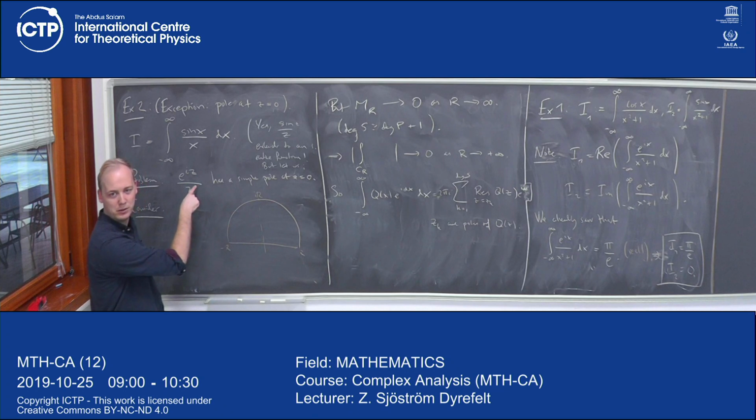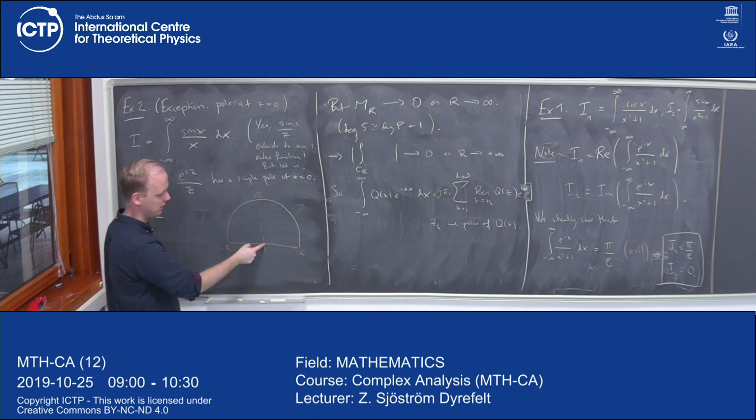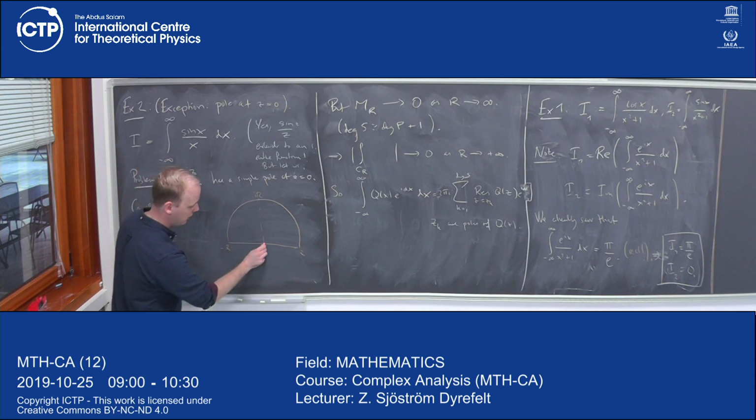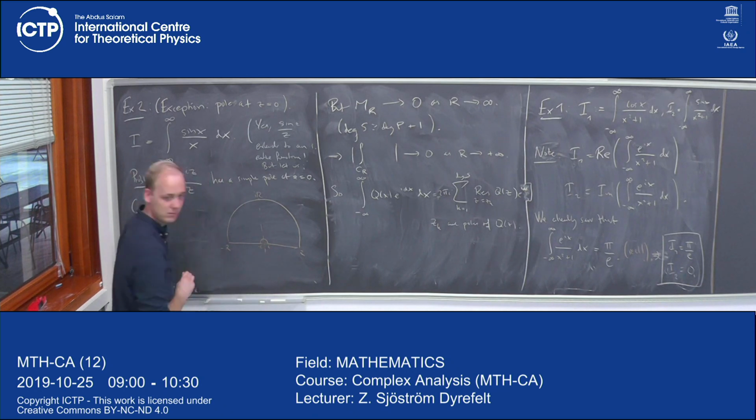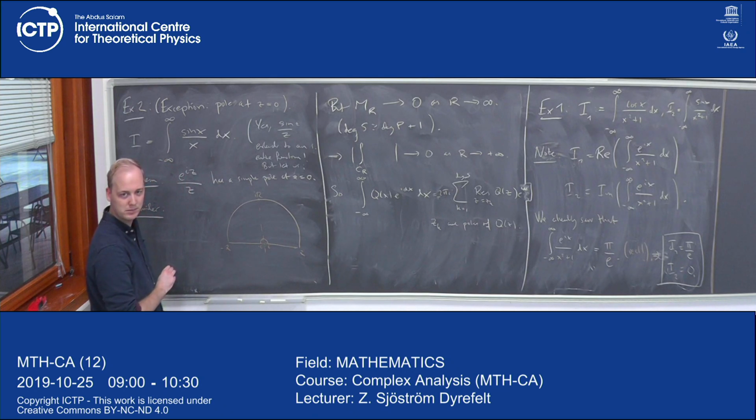This is not a removable singularity any longer. So when you consider this function, it has a real pole, which is of order 1. So you are not allowed to have a pole on the contour you're integrating. So what do you do? Well, simple. You go around it with a small circle. So this is now epsilon, and this is minus epsilon. And this is a small circle.